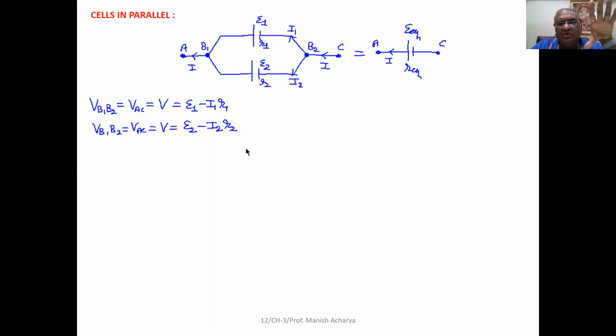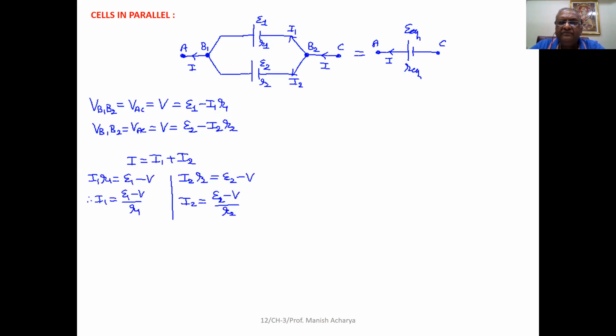We know in parallel combination, for each component, the potential difference is always the same. Now, here total current I enters this particular junction, and I1 and I2 are coming out from the junction. So we can write I equal to I1 plus I2.